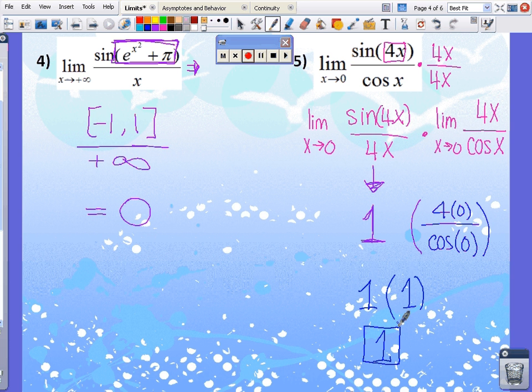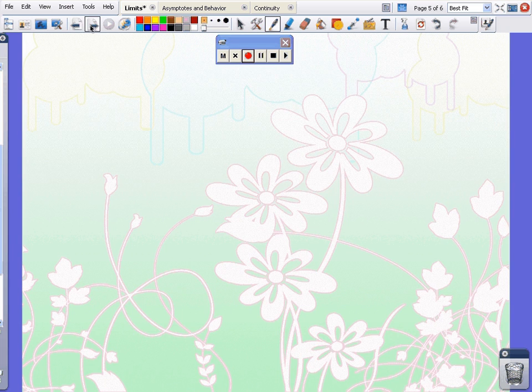So that's a type of problem where you're really attempting to get a sine of something over that same something. Okay? And I believe that was the last problem that I had for you. Hope this helped in reviewing for limits.